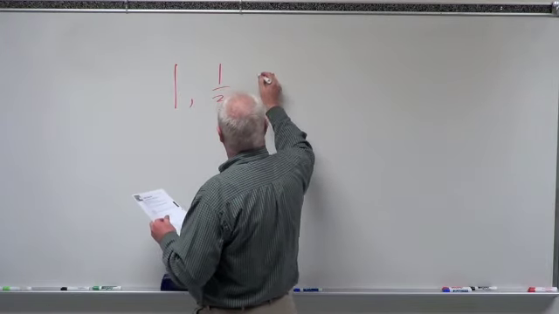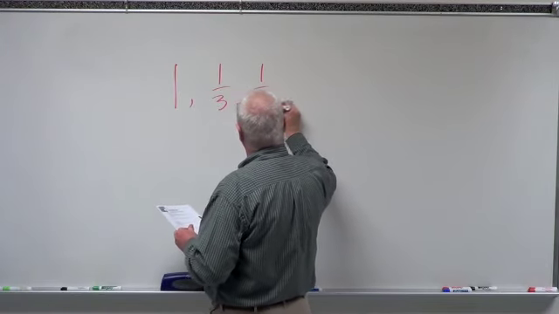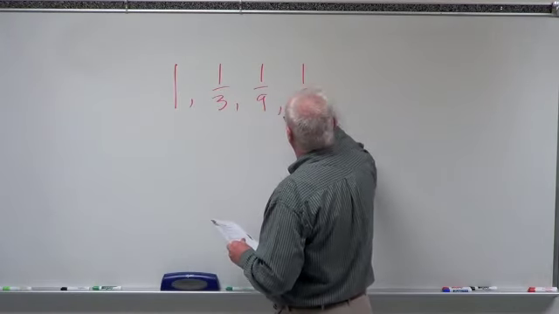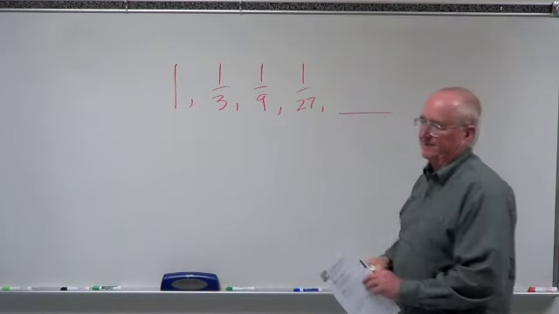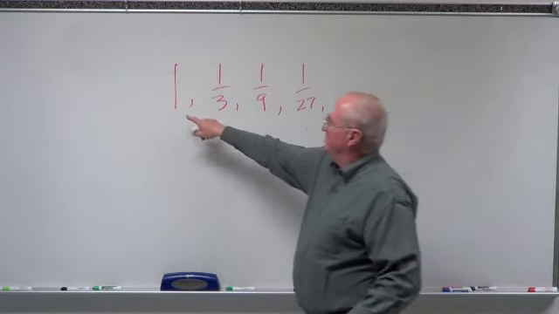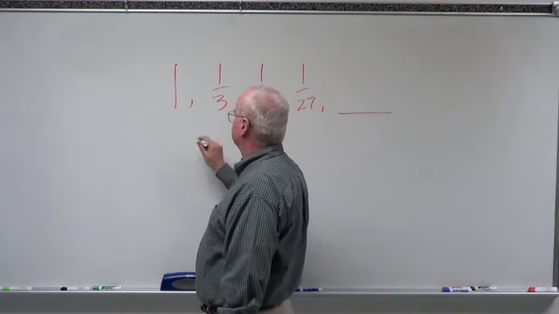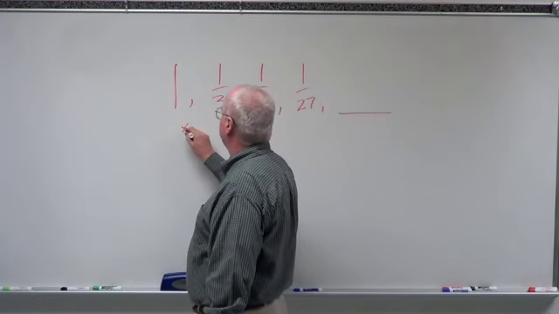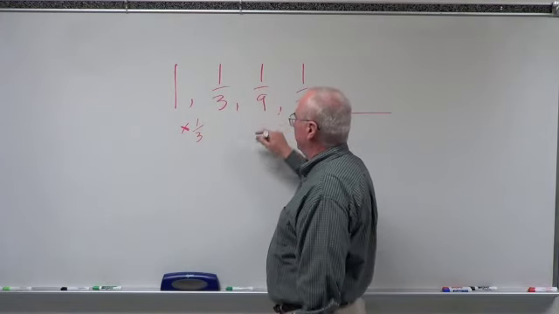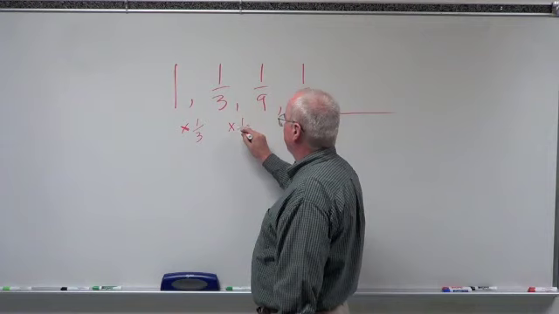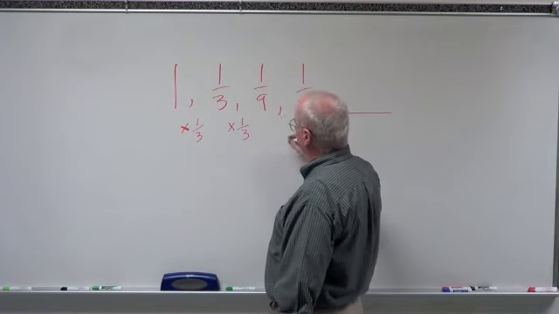1/3, 1/9, 1/27. What's the next one going to be? What did we do between here and there? We multiplied by 1/3. What did we do between here and here?